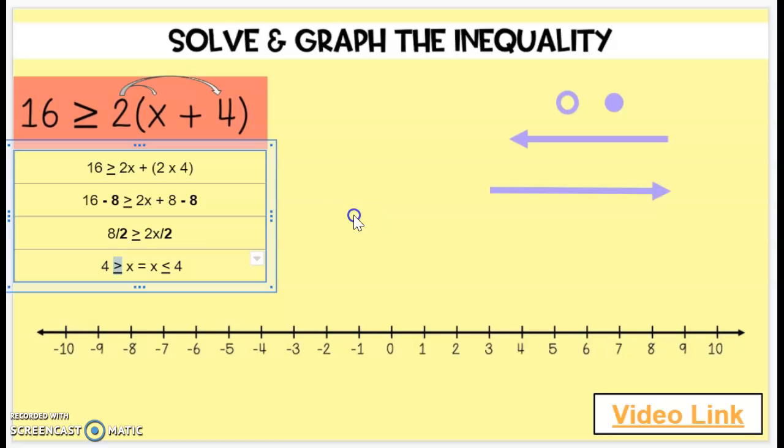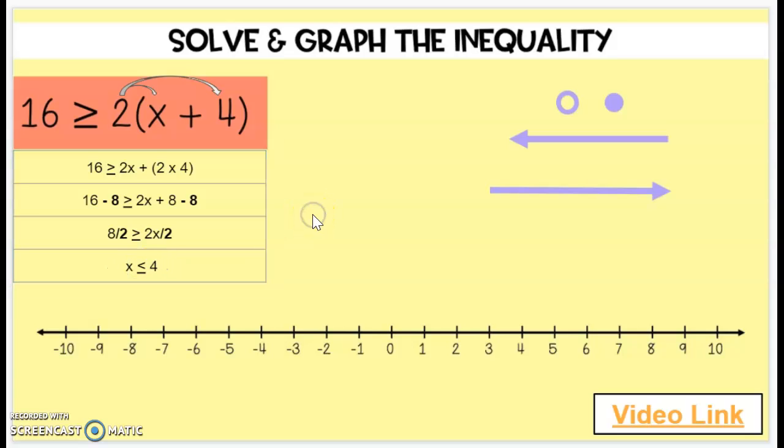If you can see, these two are equal because the inequality is still pointing to the x. Just so you can visually see what I'm doing, this is what we had, we just flipped it, and it means the same thing. But for now, I'm going to delete that so it doesn't confuse you any further.